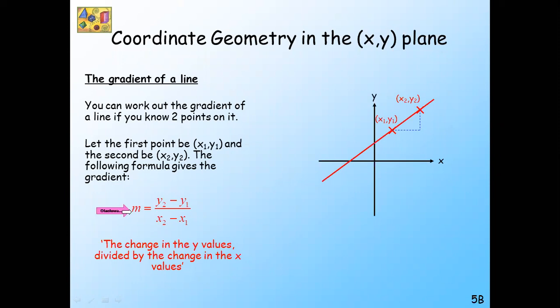The 1 and the 2 that are written against the x and the y values are just to differentiate the point x1, y1 from the point x2, y2. The formula for gradient refers to the change in the y value to the change in the x values.